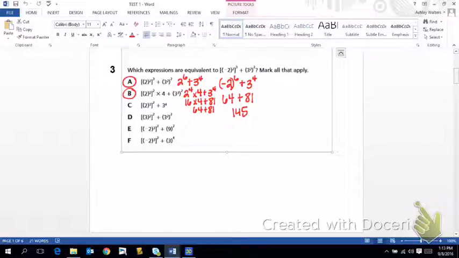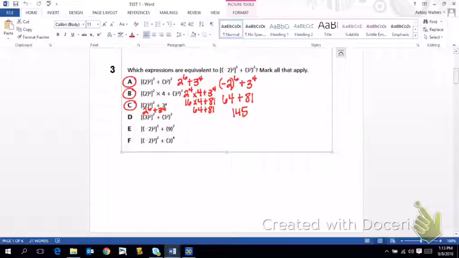For C, we have 2 cubed raised to the 2nd power, which is going to give us 2 to the 6th power. And we're going to add that to 3 to the 4th power, which we know is going to give us that 81, and 2 to the 6th power will give us that 64. So when we add them, we will get our 145.